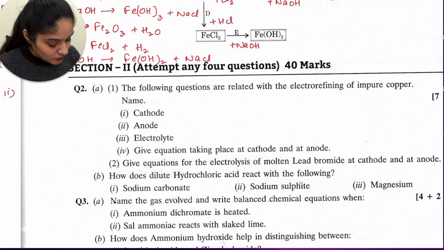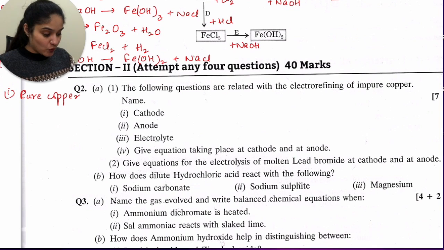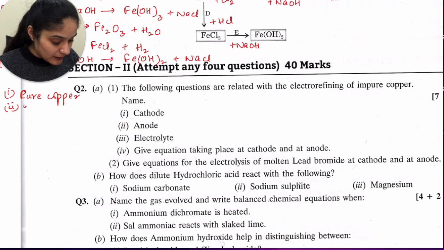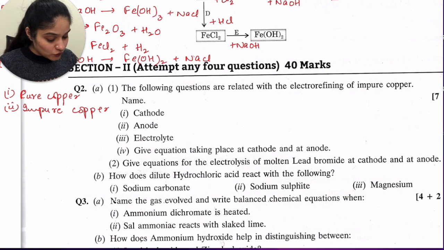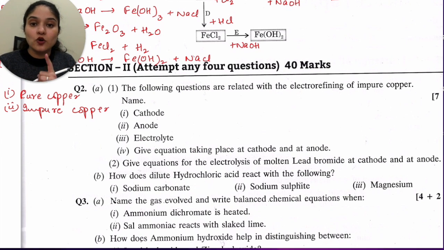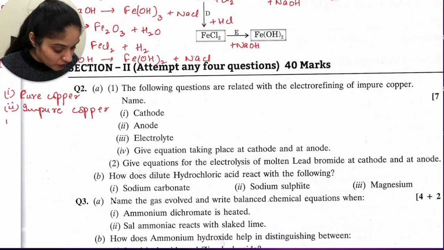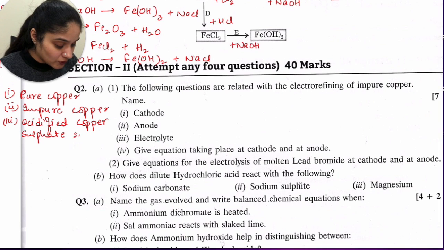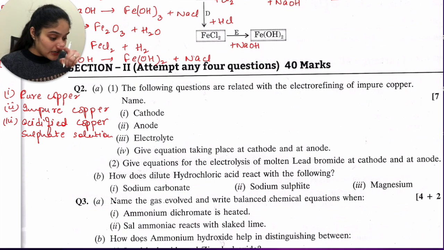At the anode you will have impure copper, so the second part would be impure copper. The third part is what is your electrolyte. You can use acidified copper sulfate solution. So the third part would be acidified copper sulfate solution.